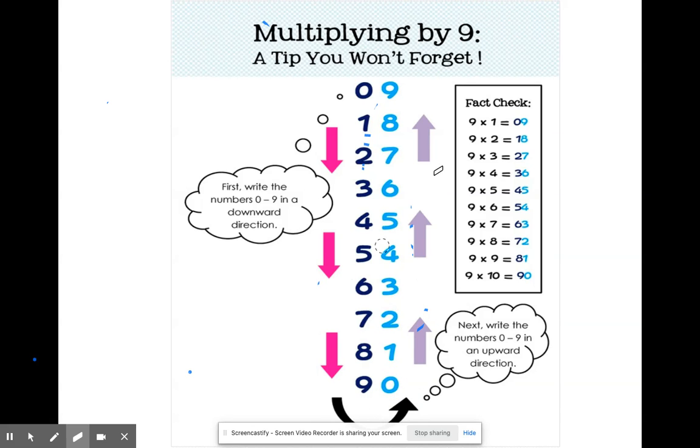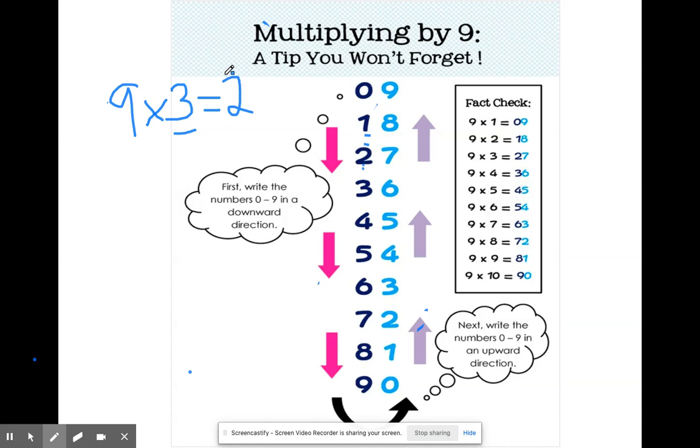So let's do it for 9 times 3. 9 times what? 3. Look at the factor that's not 9. Take away 1. If you take away 1, that's 2.